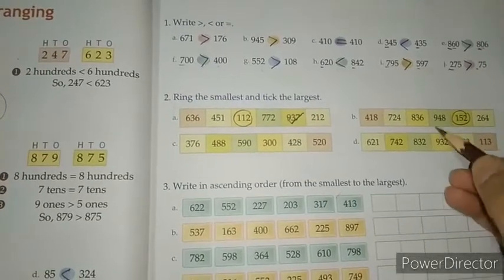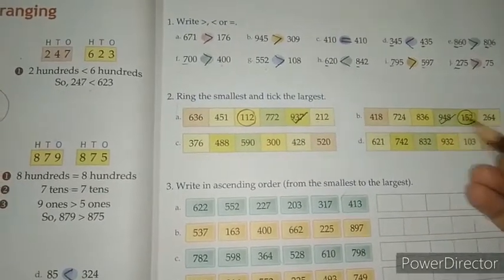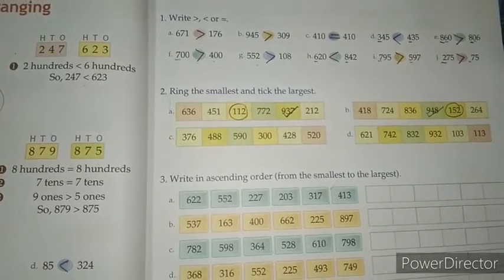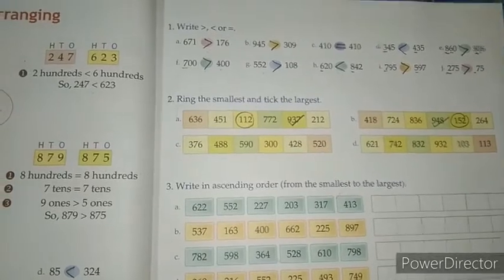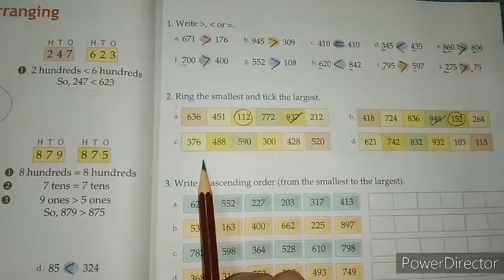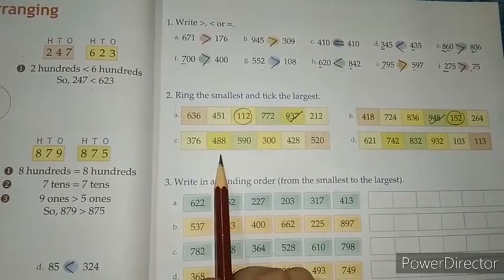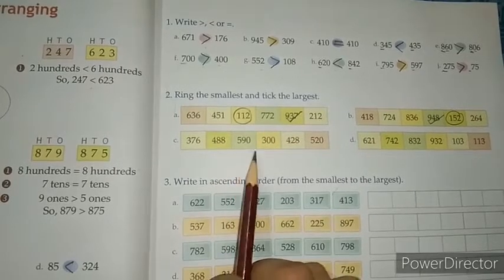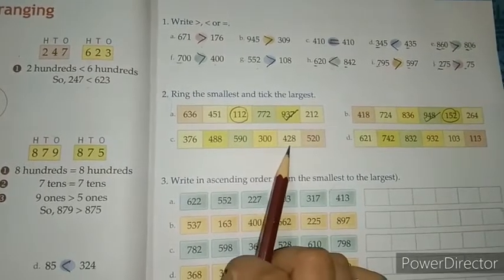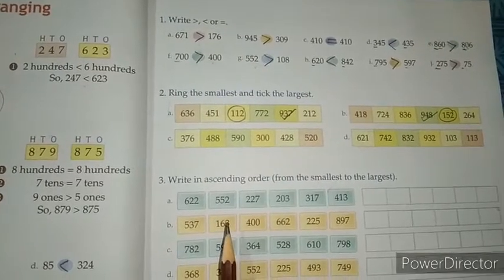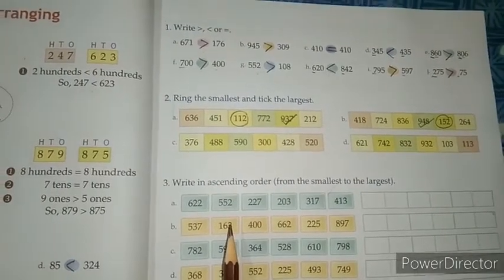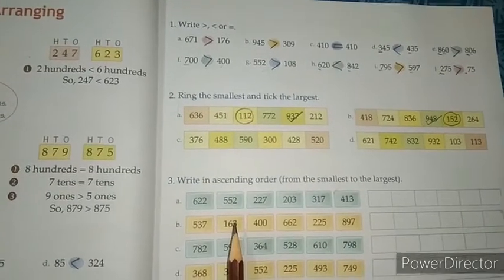Yes, very good, 948. Then tick this like this. Okay, understood all of you? How will you do this question? Very good. Next one, question C: 376, 488, 590, 300, 428, 520. Then students, tell me which is the smallest number in these numbers.